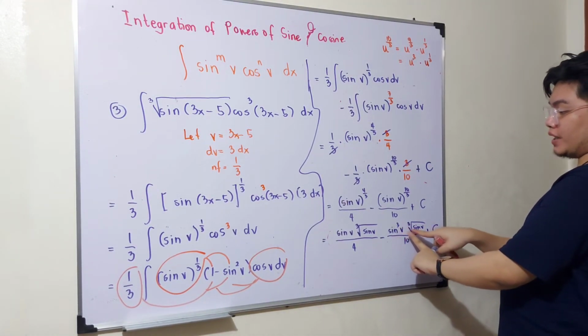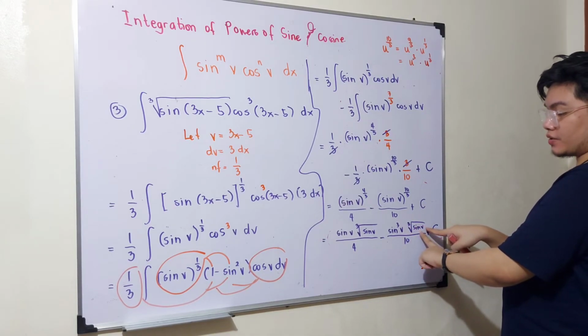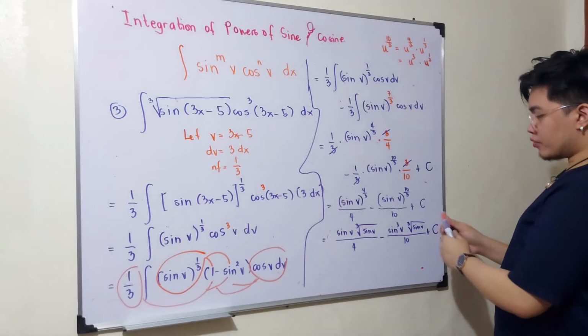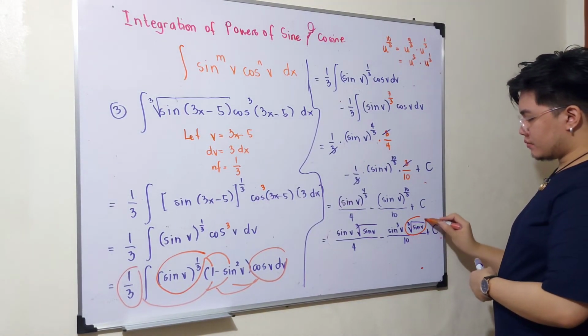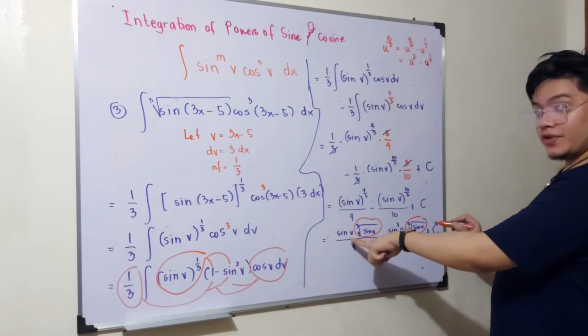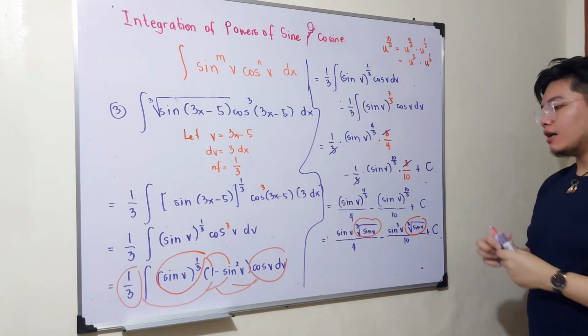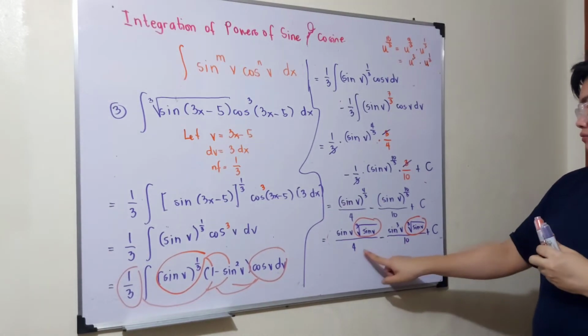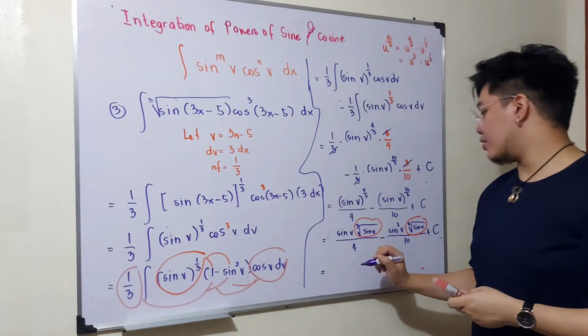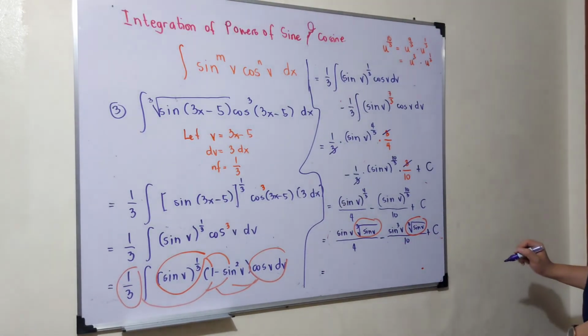So ito yun. Sine cube v, cube root of sine v. So meron common factor na ito cube root. Tapos yung sine v na naka-raise sa 1 lang. Tapos dito din. So ilabas natin yung kanilang common factor.